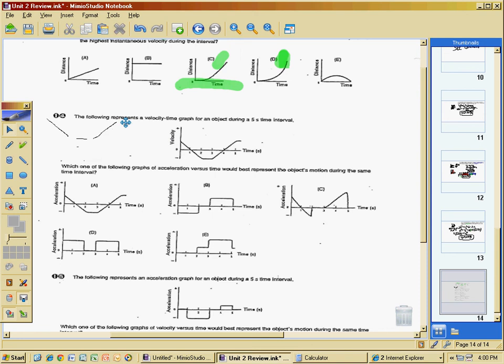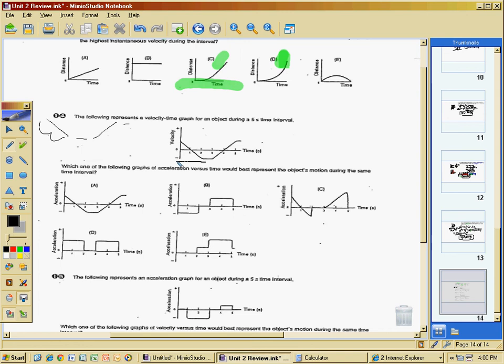All right, so if you notice, we have 4 distinct line segments. This line segment, remember, you look at the slope. So what we know here is that slope is down and to the right. That means that slope is negative. So what that should tell us is for these first 2 seconds right here, our acceleration graph needs to be constant and negative.